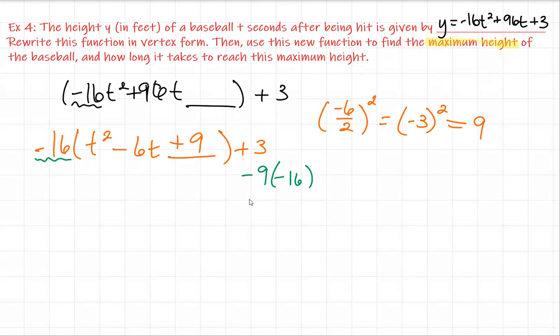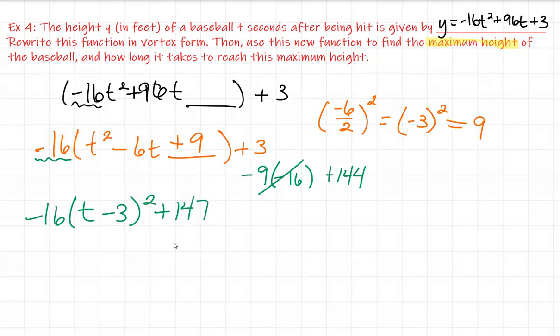So that ends up being 9 times 16 is 144, so plus 144. Okay, so negative 16 times t minus 3 squared. 3 plus 144 is 147. And here is our new function.